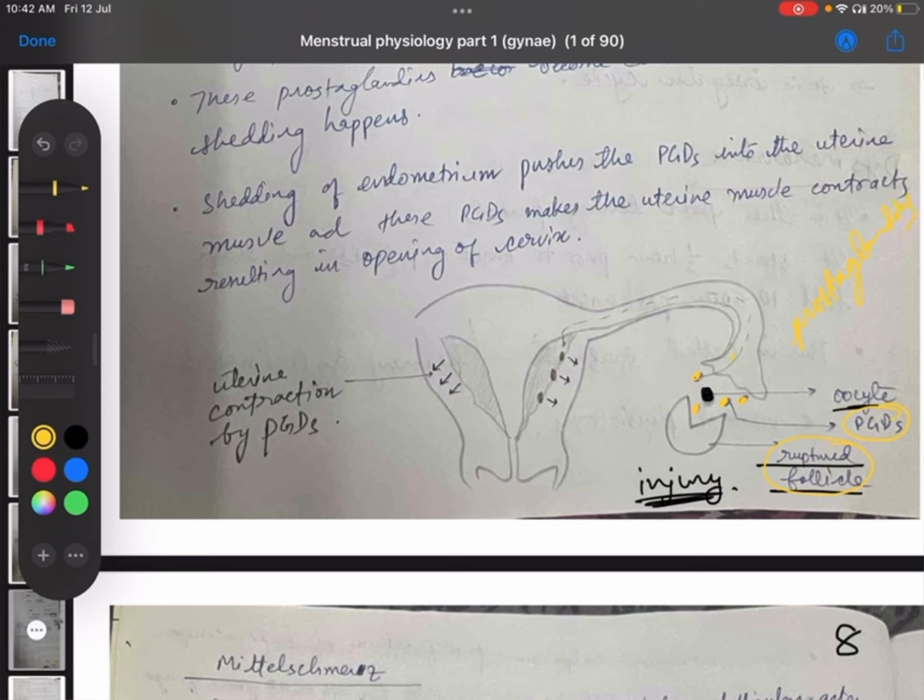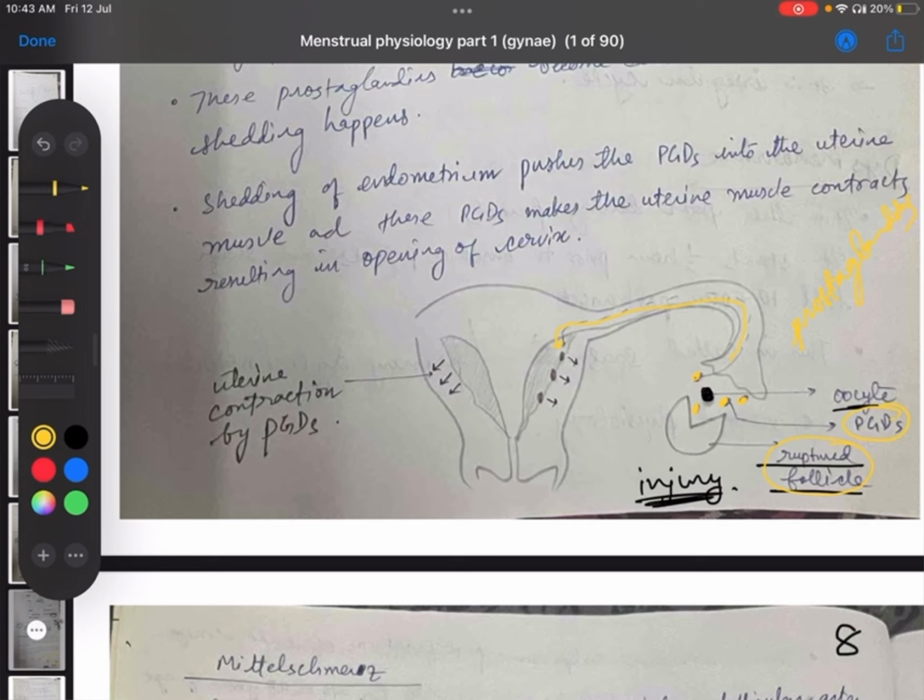These prostaglandins will travel through the fallopian tube and get embedded inside the endometrium of the uterine wall. Now what happens during the shedding of the endometrium? That means at the bleeding phase of the menstrual cycle, this endometrium sheds.